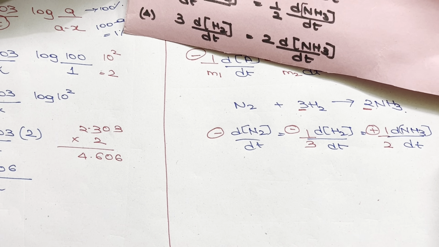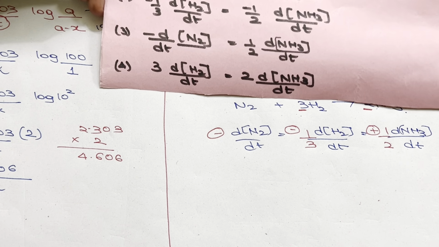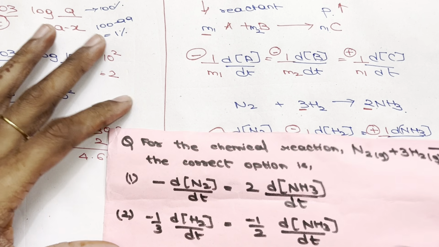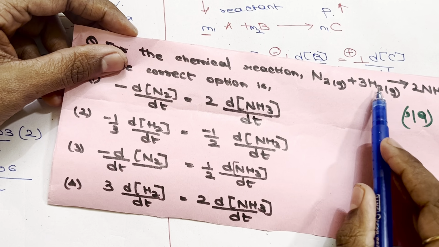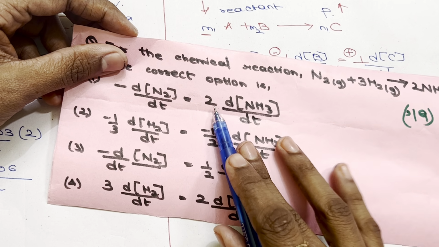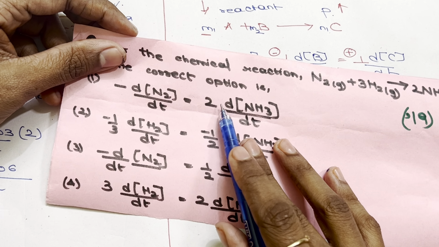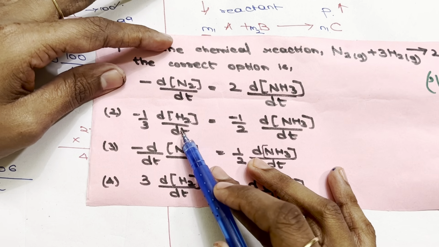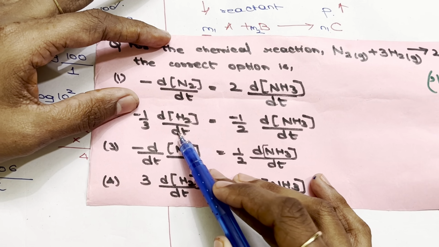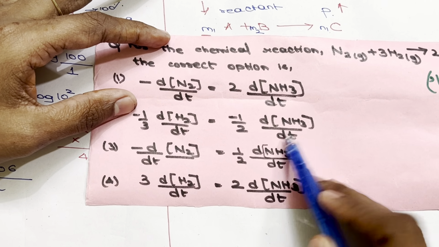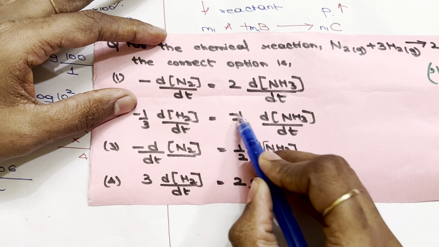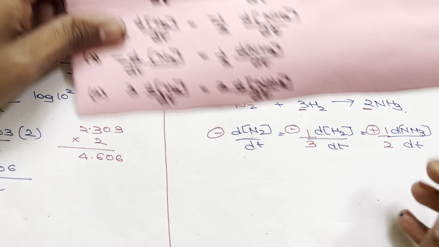Let us compare these three equations which have been given. When we take the first option, you can see it is minus of N2, but the stoichiometric coefficient isn't given in the denominator, which is incorrect. It has to be in the denominator. When we take the second option, the reactant is negative, correct, but the product is given as negative, which has to be positive. It has to be plus 1 by 2, but it is given minus.